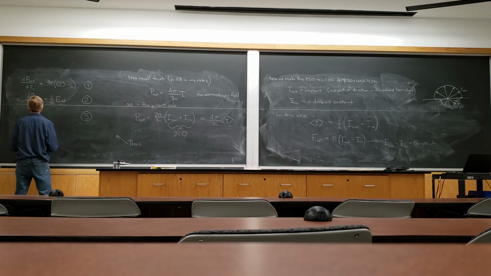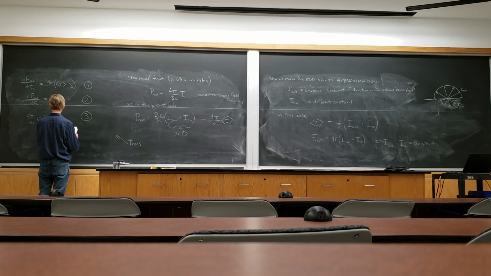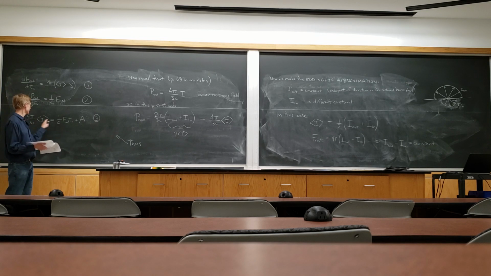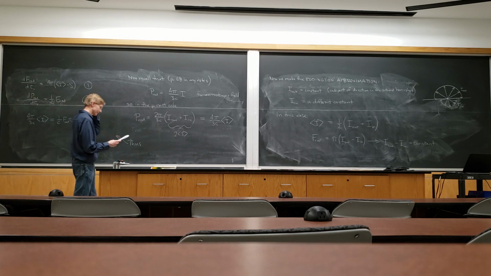Equation 3 will be 4 pi over 3c times the mean intensity is equal to 1 over c f rad tau v plus A. This is the equation we had at the start, where we said P rad was 1 over c f rad tau v plus A. Now we're just substituting what we just found for P rad.